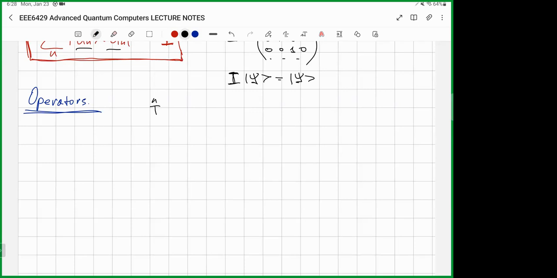So this is the typical sign of an operator, and we can multiply this operator by our unit vectors u, let's say un and um.